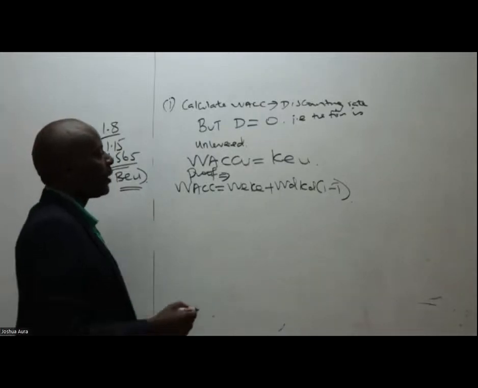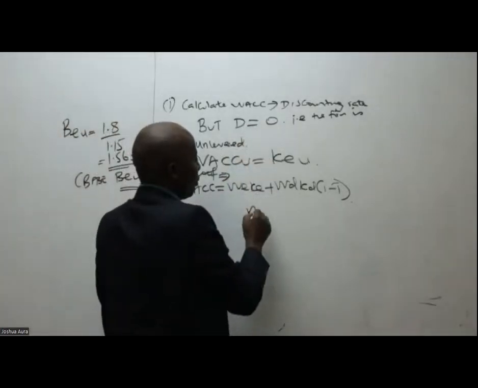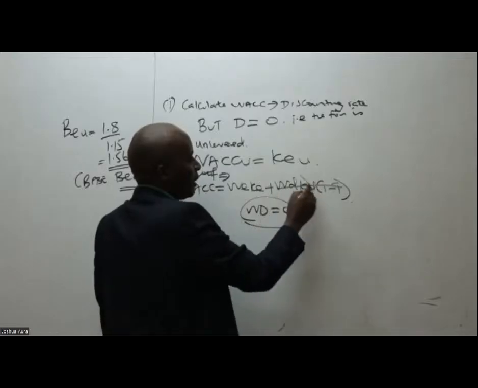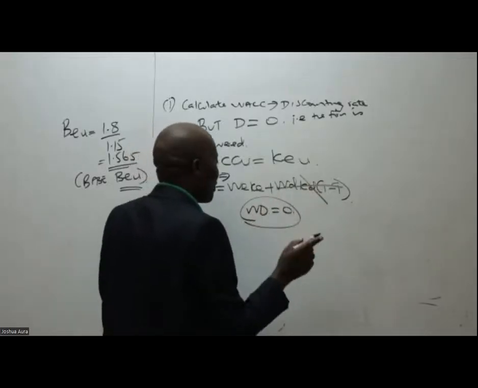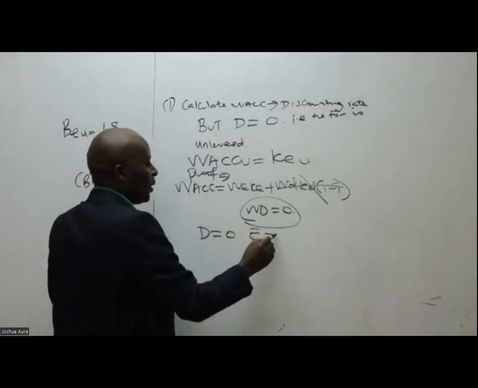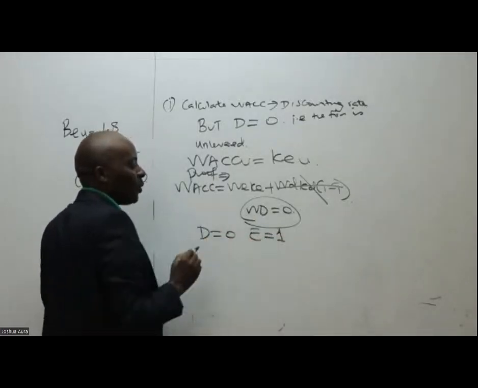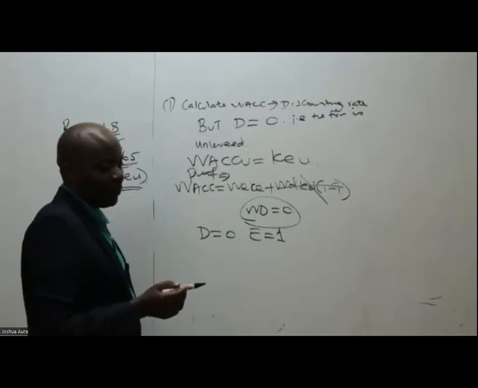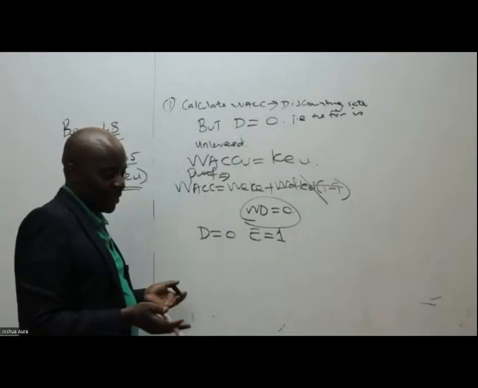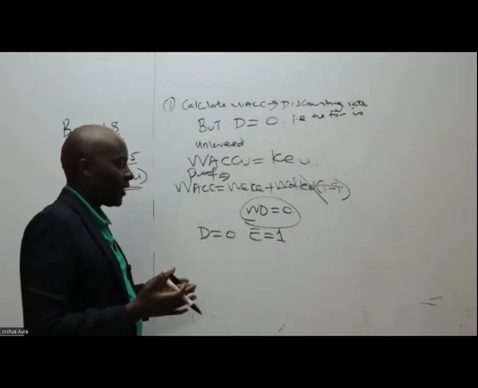Remember that if debt is 0, then automatically weight of debt will be 0, and this kills everything there. And if debt is 0, then equity will automatically be 1, because the two must always add up to 100%.